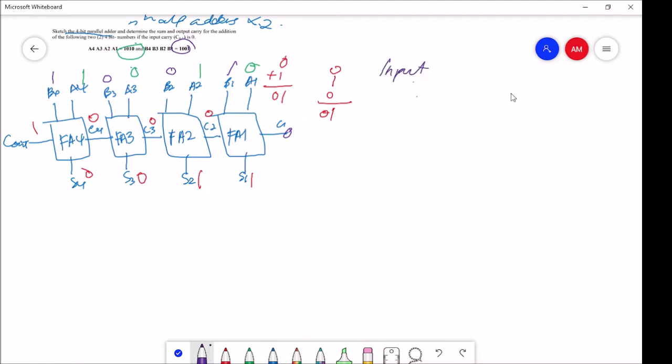For the truth table, we have input A, input B, and C in. And for the output, we have sum and C out. Okay, since there are 3 inputs, so we are using the 8-bit.